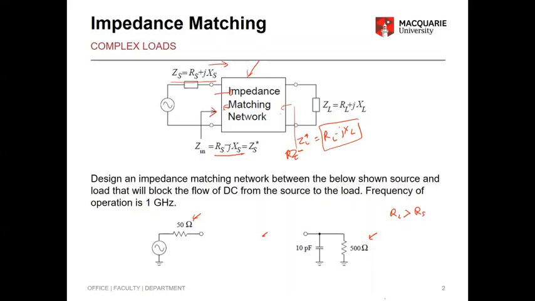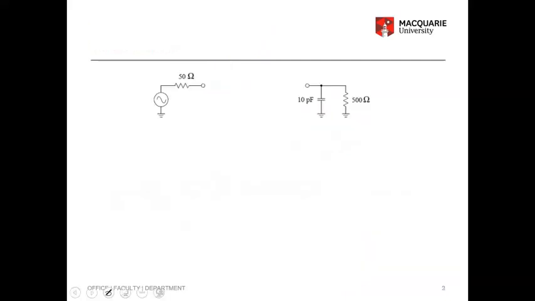But the important part here is that the load is not just resistive. It also has a capacitor in series, so it has some imaginary part. The load is of the form R load plus jXL. Now let's see how we solve this.